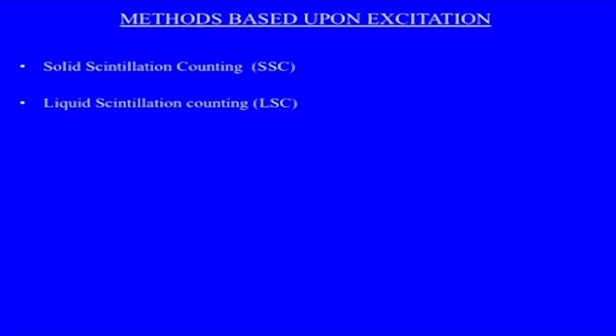Let us discuss solid scintillation counting first. Here, the sample is placed adjacent to a crystal of fluorescent material, like I have shown you just now. The crystal normally used for gamma isotopes is sodium iodide.